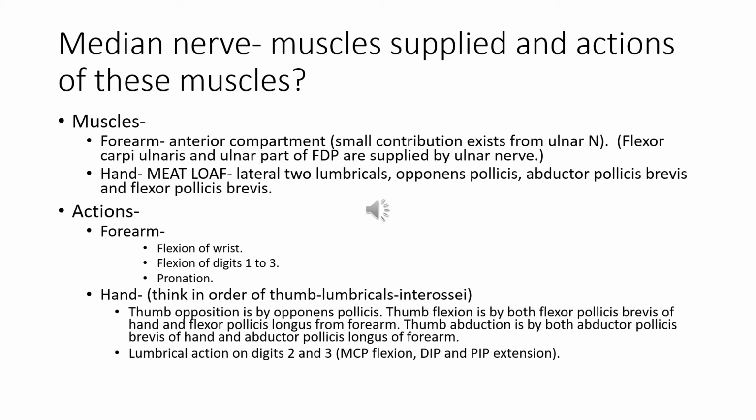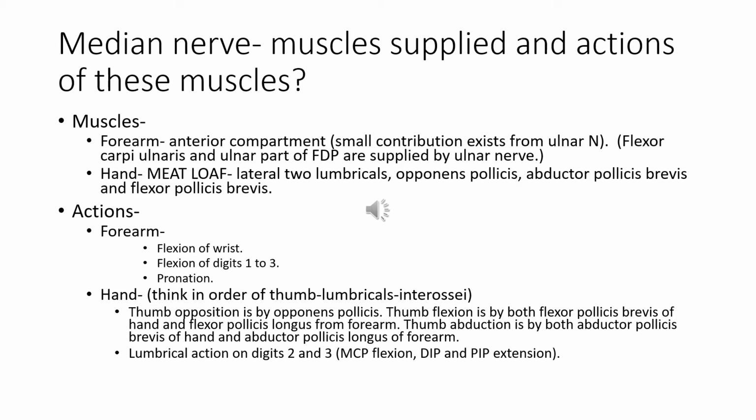Actually, in the forearm, the flexor carpi ulnaris and the ulnar part of the flexor digitorum profundus are supplied by the ulnar nerve, while all other forearm muscles are supplied by the median nerve.